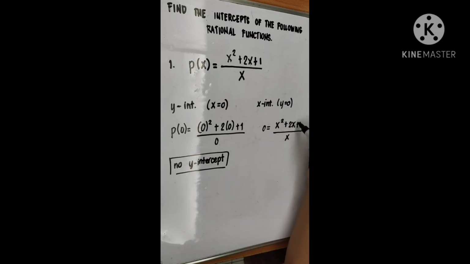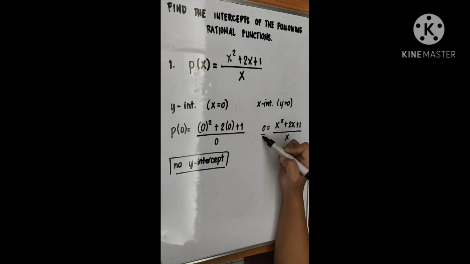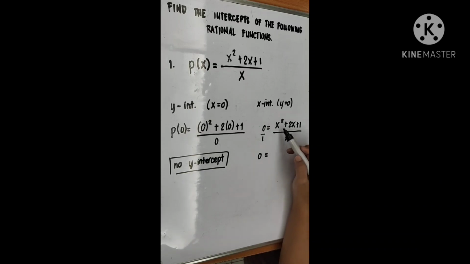Now, since we are having a fraction here, we need to have a denominator 1 for our 0 to do cross multiplication. So 0 times x is 0 is equal to 1 times x squared plus 2x plus 1, which will give us x squared plus 2x plus 1.